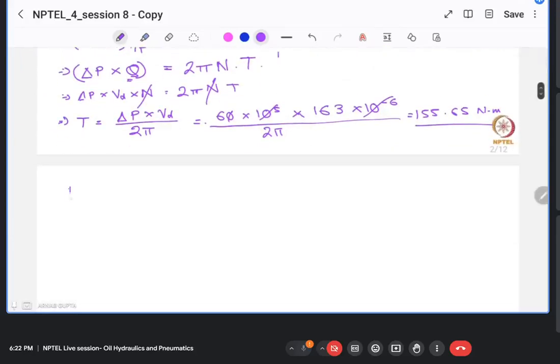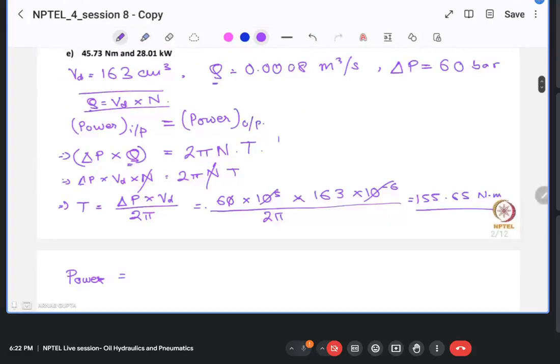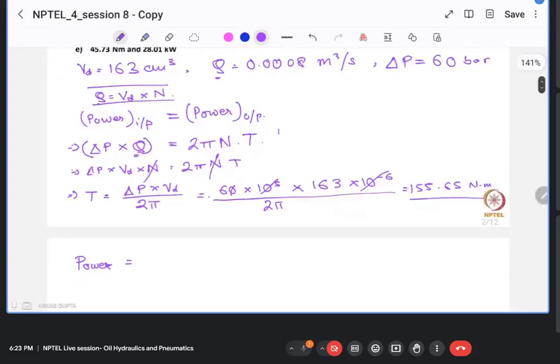As we know that here you are not given any efficiency, so you can directly write theoretical power as 2 pi N T. Again you don't know N, so you can either try to find out N from this equation, or you can directly use the theoretical power as delta P into Q, since there are no losses here.